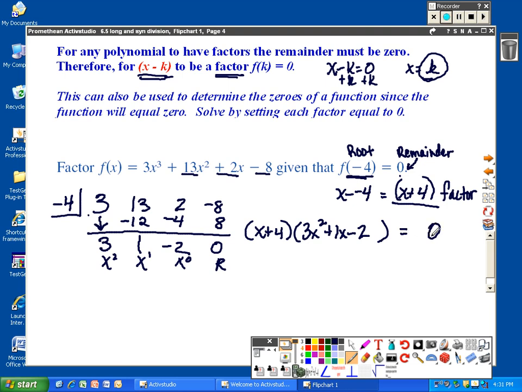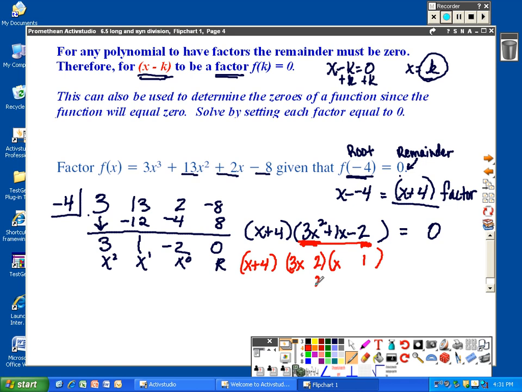Can you then factor this further? Let's try it. Parenthesis, parenthesis. How would you factor 3x squared? 3x and x. What are the factors of 2? 2 and 1.